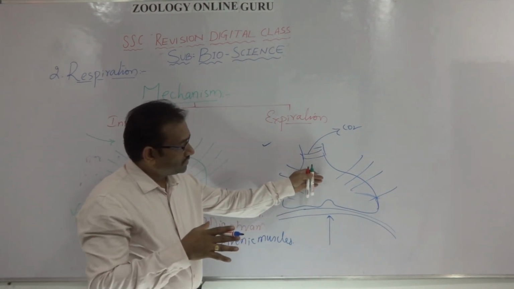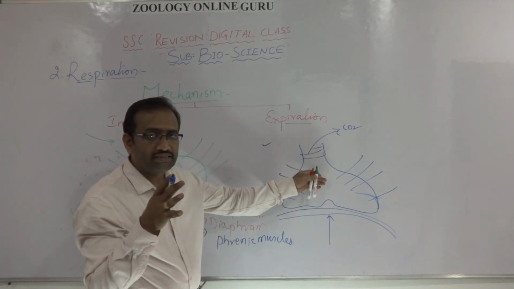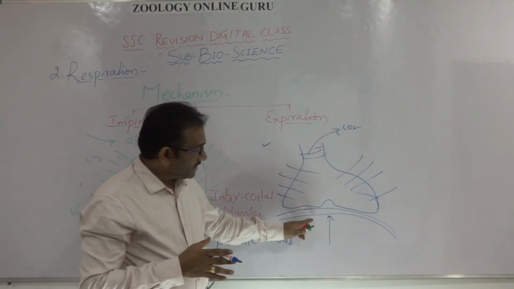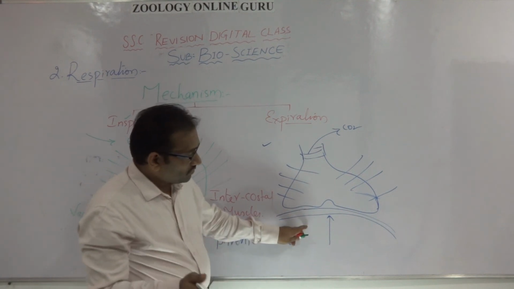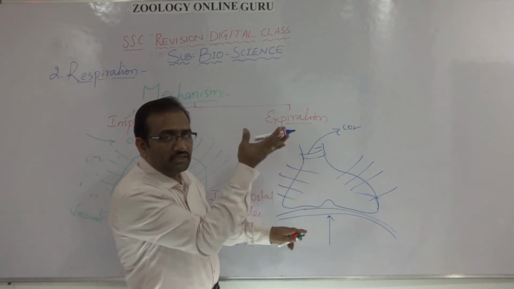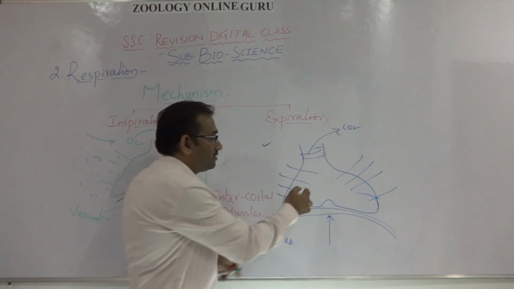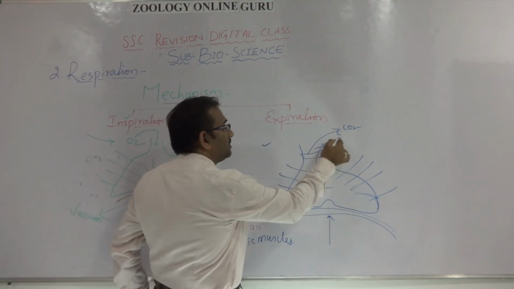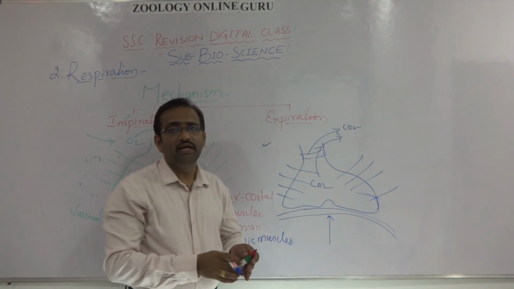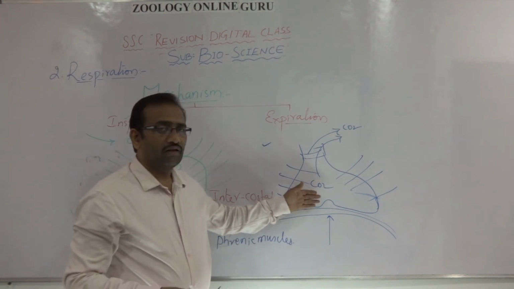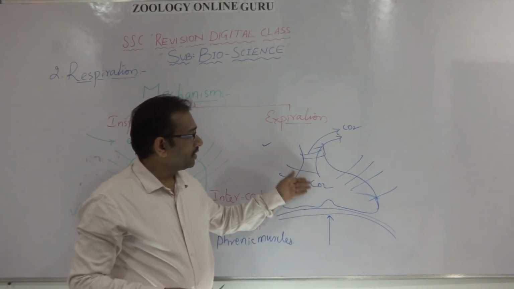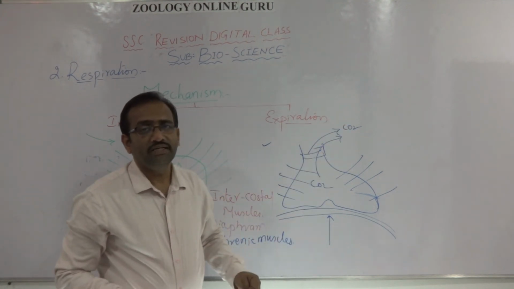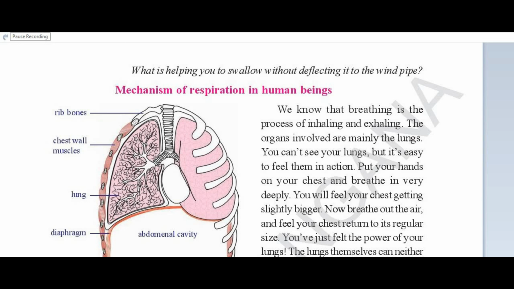When the intercostal muscles relax, they press the chest cavity, and the diaphragm muscles also relax and press the lungs from the downside. CO2 or gas present in the lungs comes outside. So a high pressure is created in the lungs. From the high pressure to the low pressure, the gases come outside, that is called expiration.